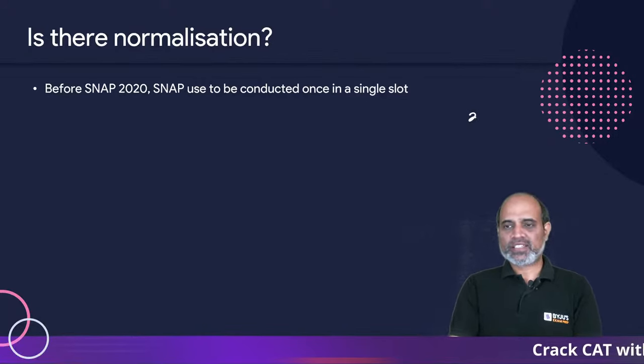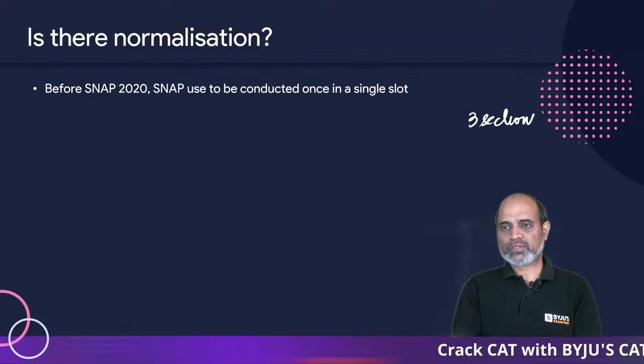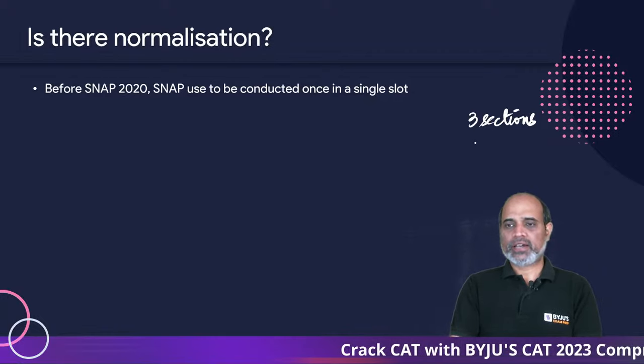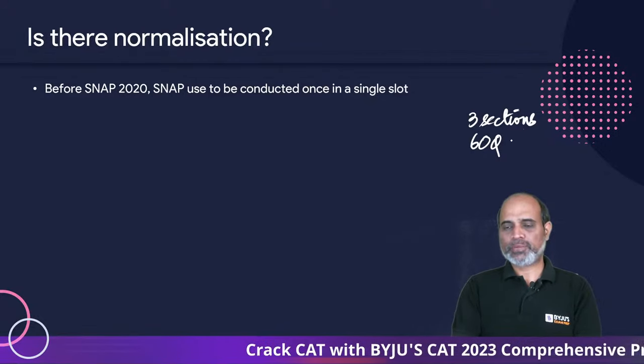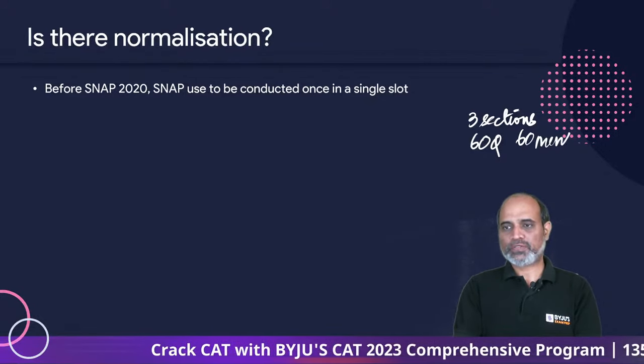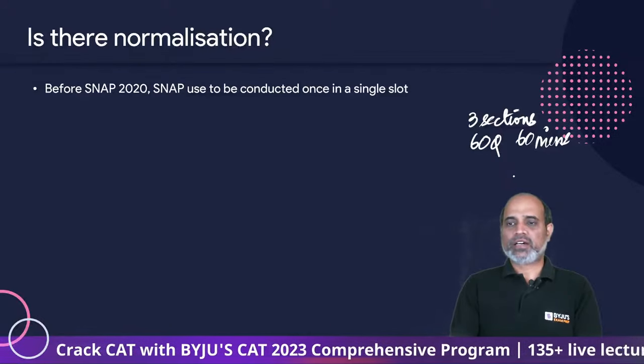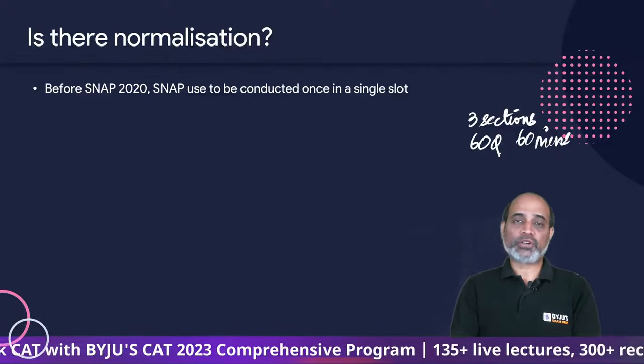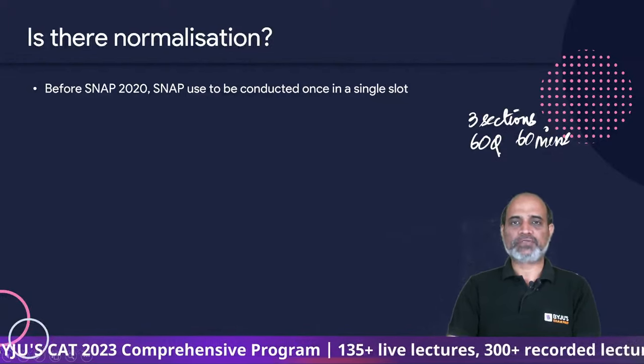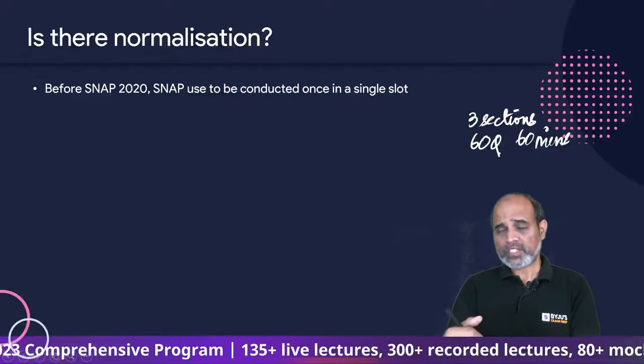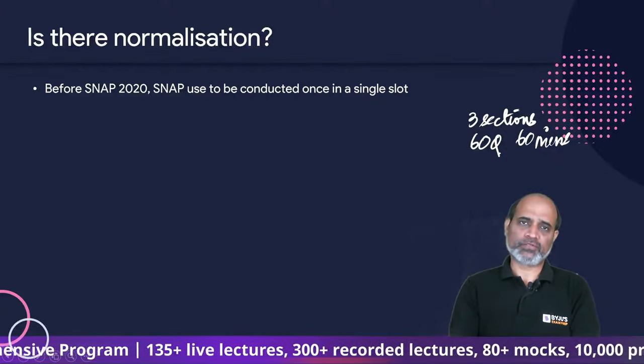So the first thing is there are 3 sections, right? 60 questions are going to be there that you have to solve within 60 minutes. The 3 sections are going to have English, then you will have logical reasoning, and then you will have quant.